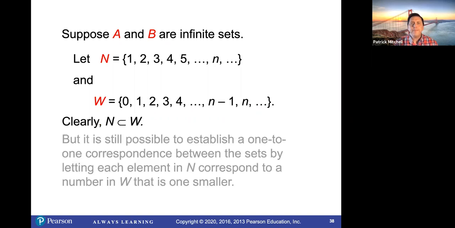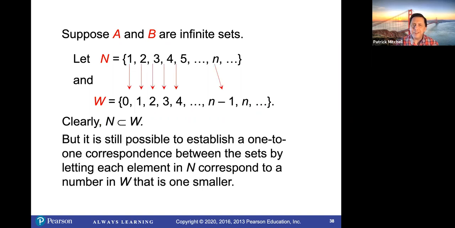However, it is still possible to establish a one-to-one correspondence between the sets by letting each element in N correspond to a number in W that is 1 smaller. So match the natural number 1 with the whole number 0, match the natural number 2 with the whole number 1, and in general, match the natural number N with the whole number N minus 1.